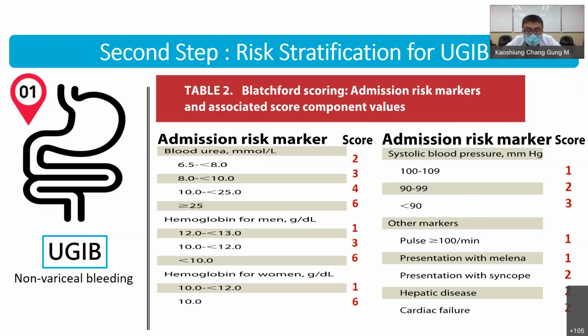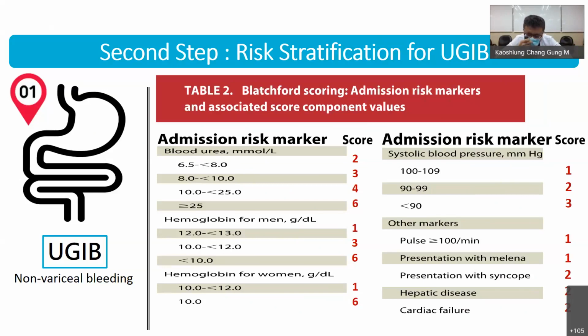This is a useful scoring system to evaluate patients when they come to the emergency room. We can use it to evaluate which patients need admission or endoscopy. The parameters are on the PPT for your reference.